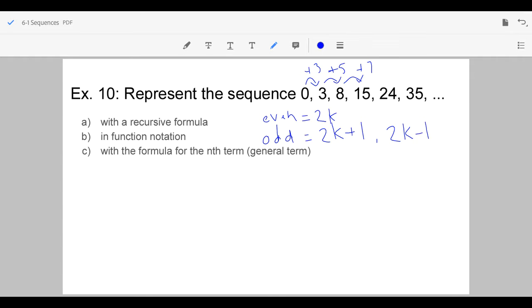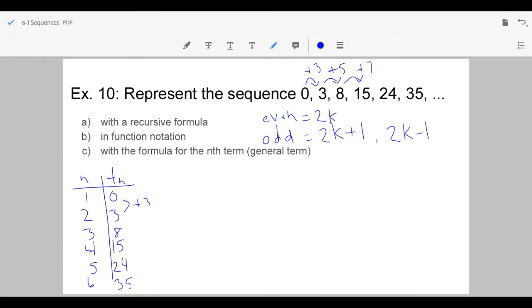So for this sequence, I'm going to put it in a table again so you can see the pattern a little easier. 1, 2, 3, 4, 5, 6. We know 6 terms here. Term 1 is 0. Term 2 is 3, 8, 15, 24, and 35.